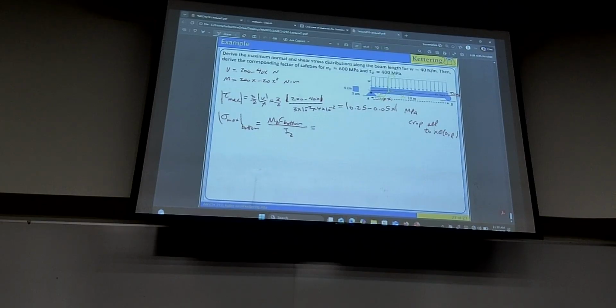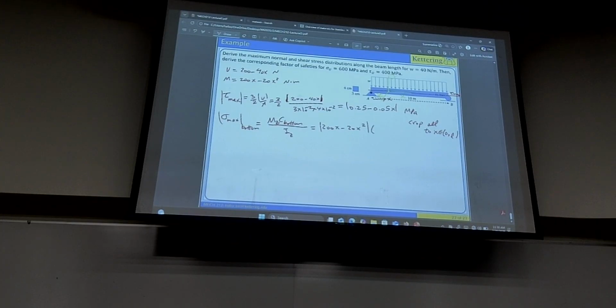So Mz, we just found it, 200x minus 20x squared. Yes, again, we put absolute value, but it happens to be positive through the length. So you don't have to put absolute value there. And then C bottom, let me not put x again, just a multiplication sign now.